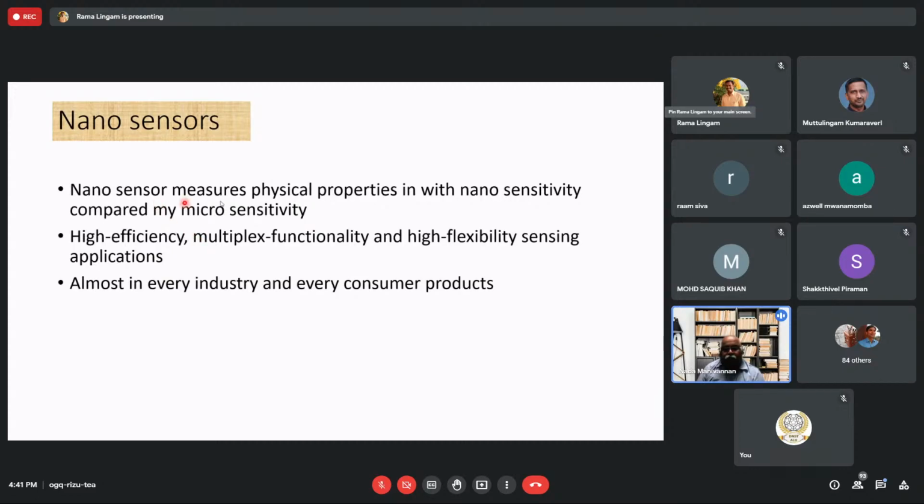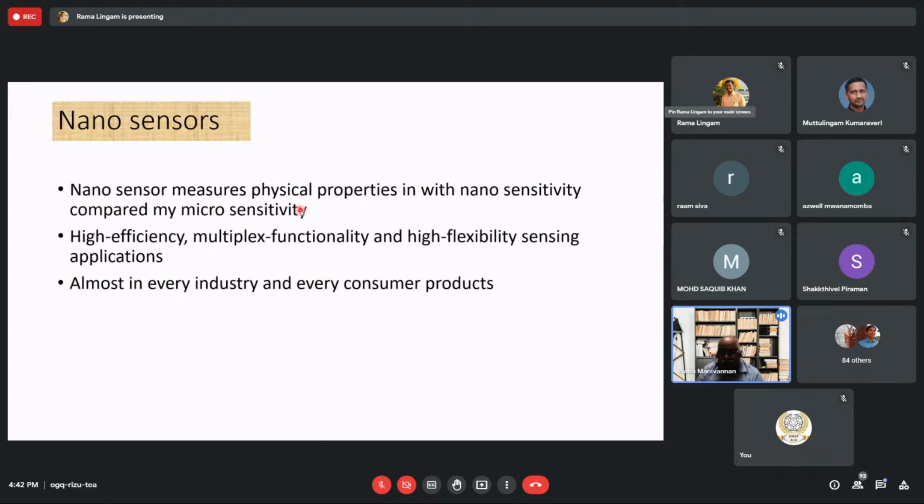Right. Now if we talk about nano sensors, because this course is more about nano sensors, I need to touch on them. A nano sensor again measures physical properties, but with nano sensitivity compared to micro sensitivity. With nano sensitivity, we are talking about temperature differences in terms of micro Celsius or nano Celsius, because that is very important when you are applying sensors in biomedical applications, in very sensitive applications.